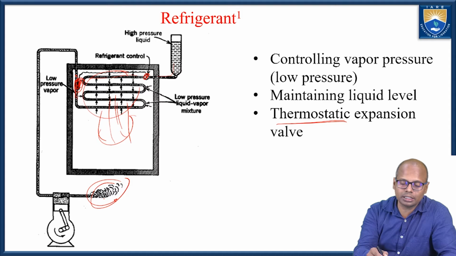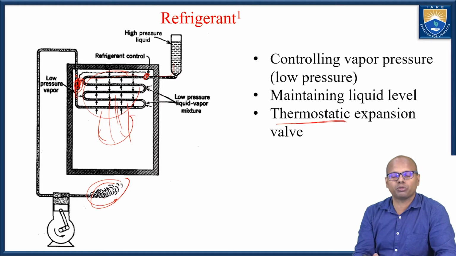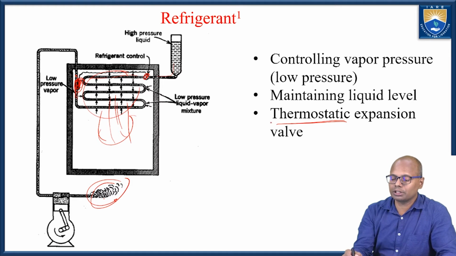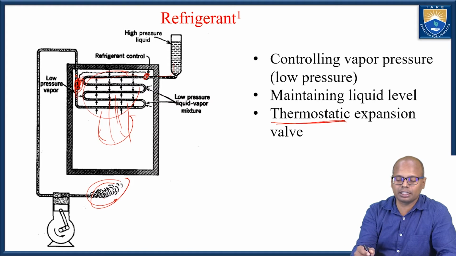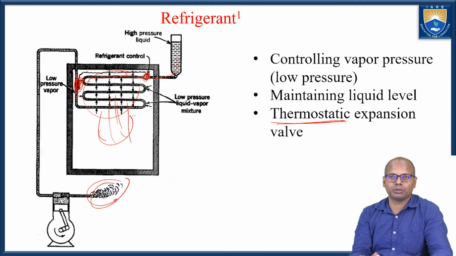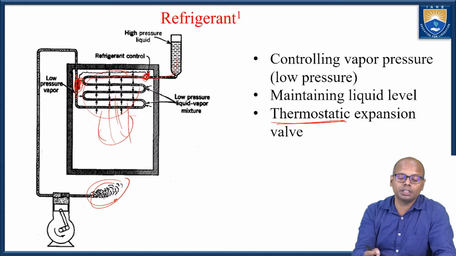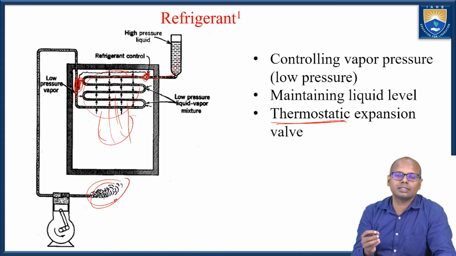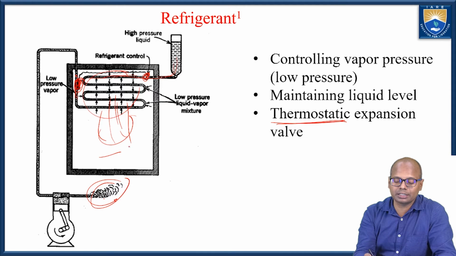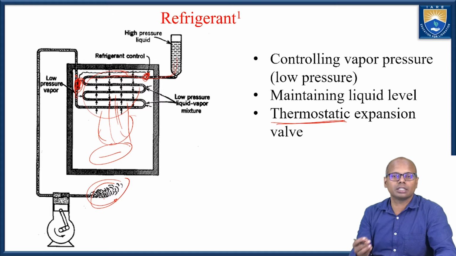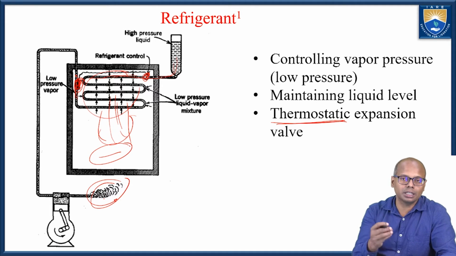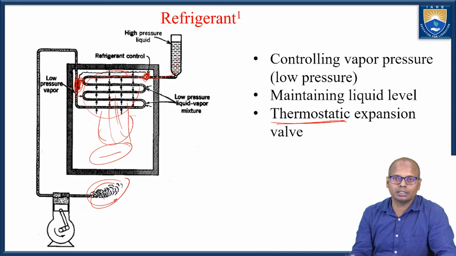As the temperature increases up to the boiling point, the thermostatic valve senses the temperature, opens the valve and allows the fluid to go through the pipe, so that there is a continuous supply of fluid, continuous extraction of heat and continuous maintenance. The space is continuously maintained at minus degrees. It can be minus 60 or minus 30 based on the pressure we maintain inside the pipe.